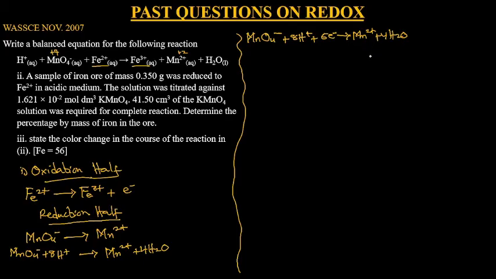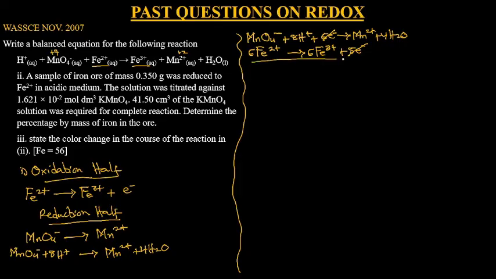Now the only thing left is to combine the two. Remember, the oxidation half gives us Fe2+ to Fe3+ plus 1 electron. Okay, now we have to make the electrons the same so that we'll be able to cancel them out. So what we have to do is to multiply through by 5. We do the same thing to Fe3+ and the same thing to Fe2+. So this will cancel this.